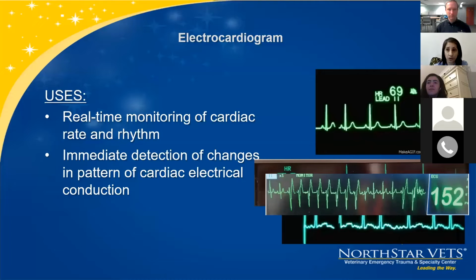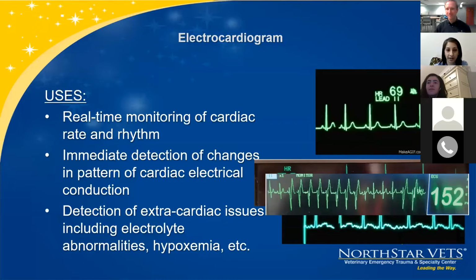Certain drugs that we use may induce changes in that cardiac rhythm, or an animal just may simply not have had an issue detected prior to it going under anesthesia. Anesthesia likes to uncover a lot of underlying issues that we don't always see in that patient beforehand. We also use the ECG to monitor and detect extra cardiac issues.